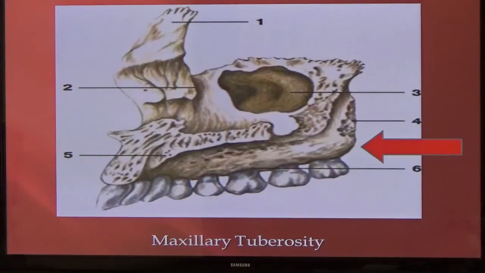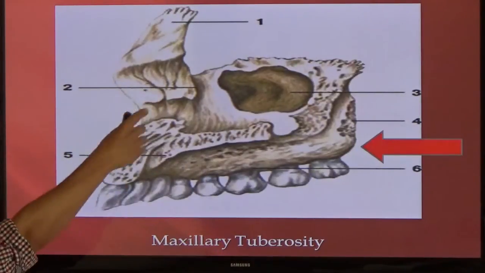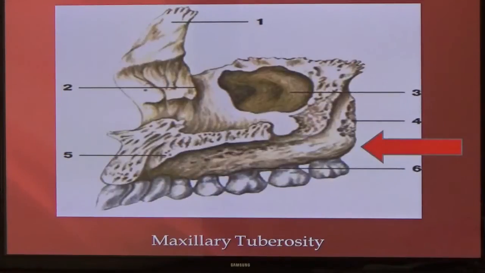Here I'm pointing out the sinus. That's the sinus cavity, just an airspace, and the roots of the maxillary teeth go up, and on your x-ray will appear like they're actually going into the sinus. This is the maxillary bone split in half, and you're looking at the sinus.